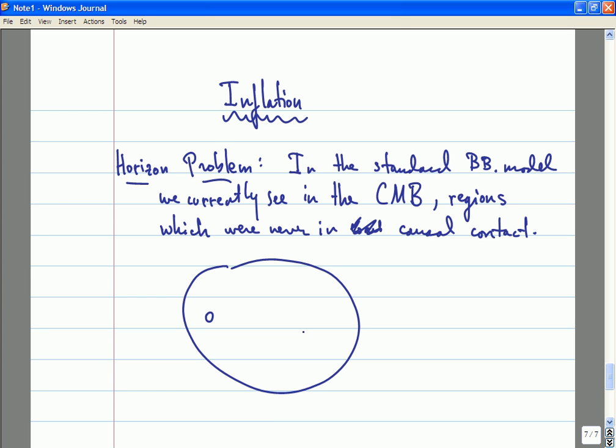And in fact, if you just use the standard Big Bang model of the evolution of the universe, then these different patches of the sky come from parts of space-time which have never been in causal contact, and in particular have never been in causal contact long enough for them to come into thermal equilibrium with one another.